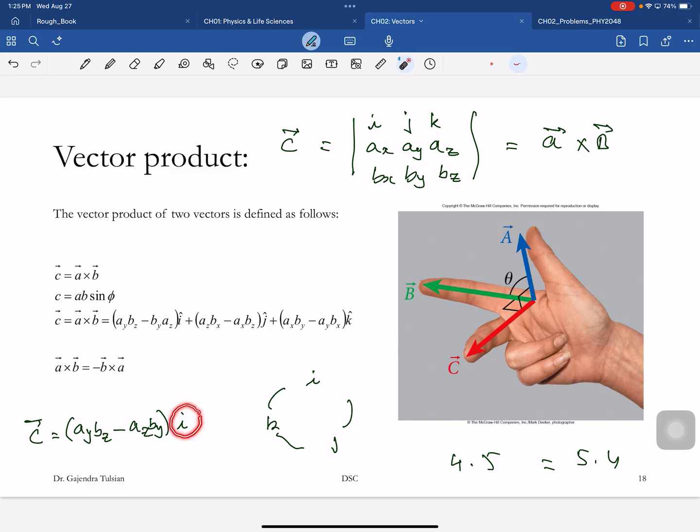The x component of the product will not have the x components of the two elements. Plus the y component of C, which is AZ BX minus the flipped AX BZ.